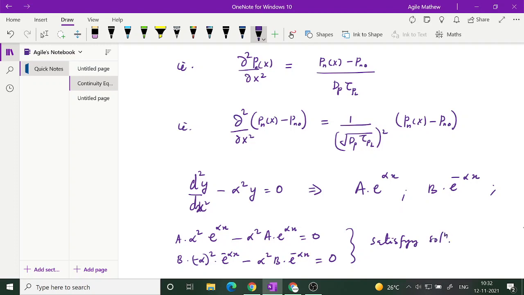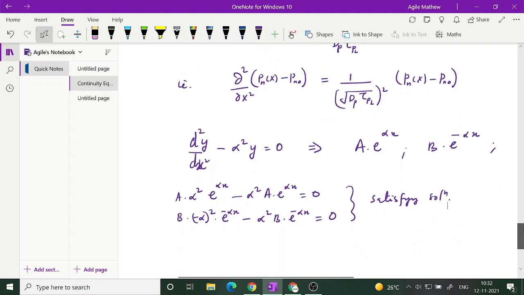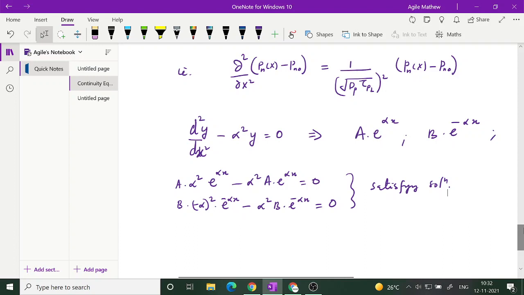Okay, so let us see whether we can put both of these solutions in our case.